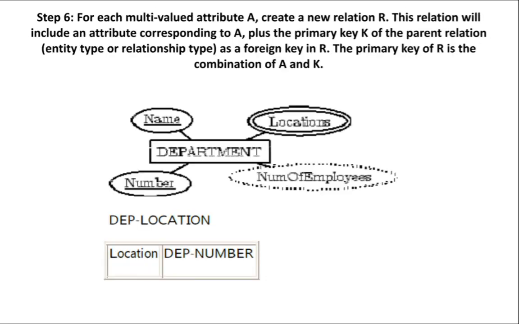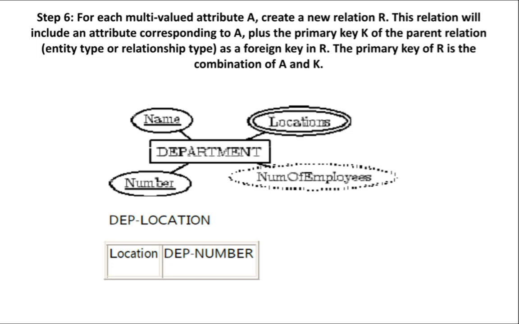Step 6. If you come across any multivalued attribute, what you have to do is convert that multivalued attribute into a separate table. Here location is the multivalued attribute. I converted that multivalued attribute into a separate table, that is department location. Next, the relation will include an attribute corresponding to A plus the primary key K of the parent relation.